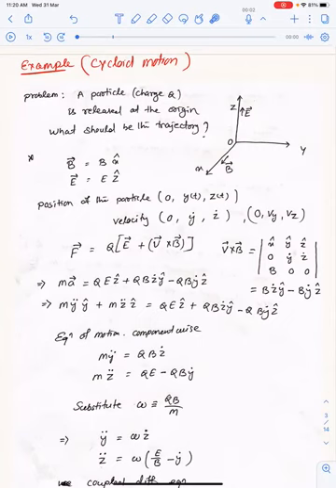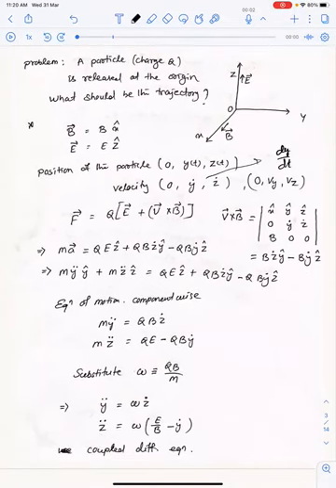So you will only have y dot and z dot, where dot signifies dy by dt. So y dot is essentially dy by dt. Similarly z dot. Let's call these velocities Vy and Vz. So the velocity is 0, y dot, z dot, or 0, Vy, Vz.